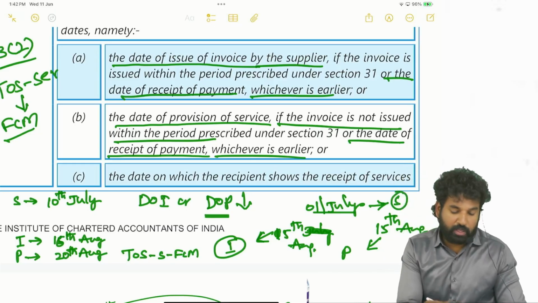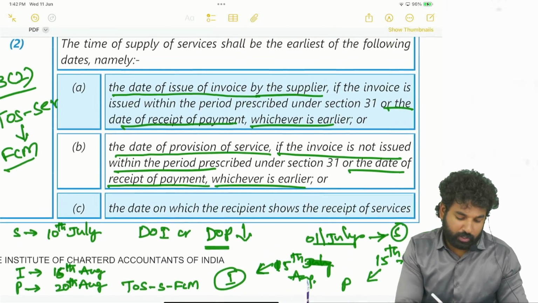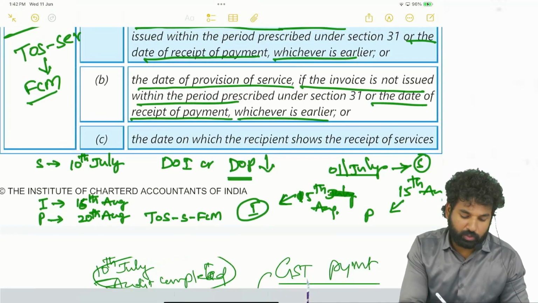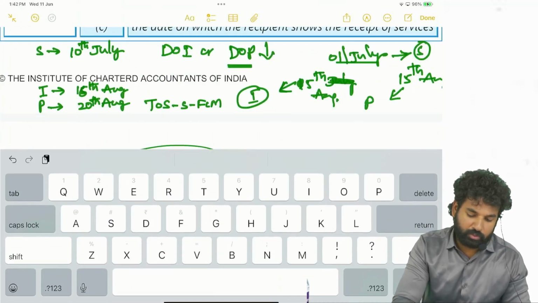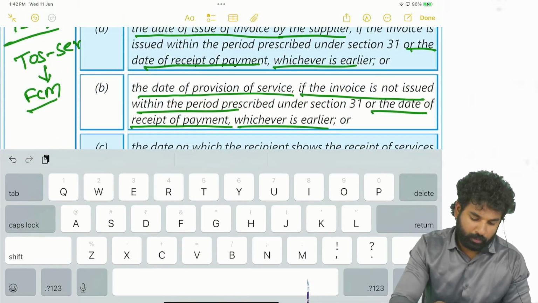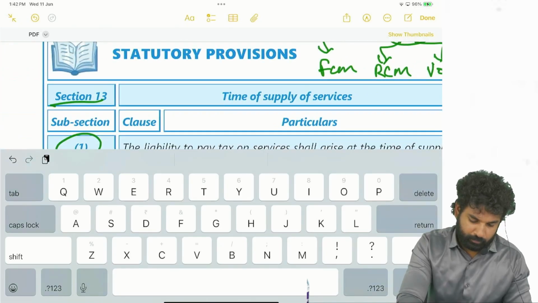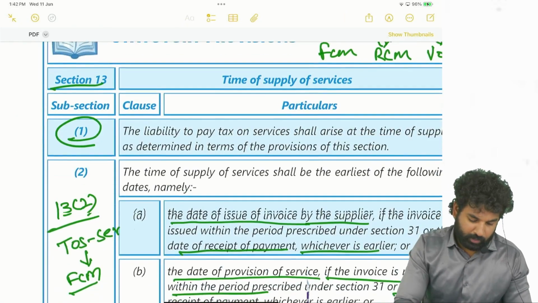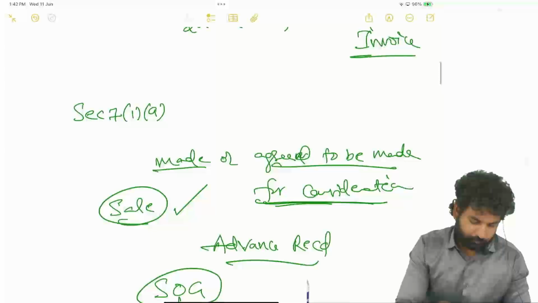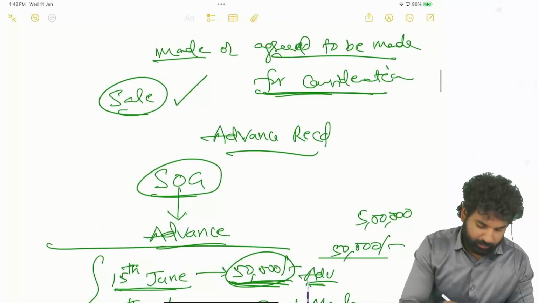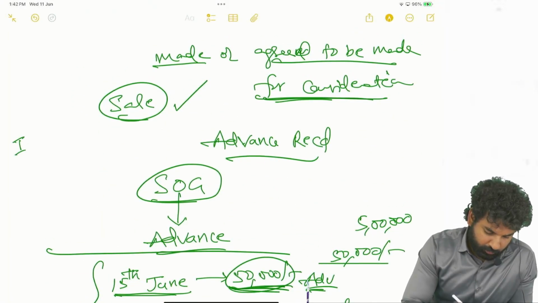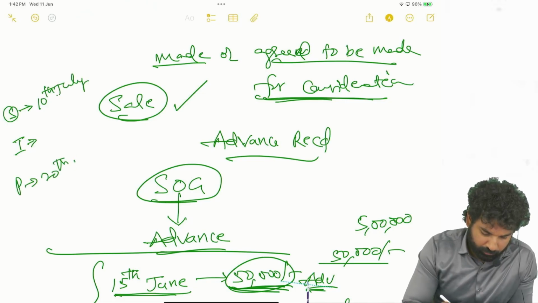Okay, so if they could issue the invoice by 9th August or 10th August. See, let's say the dates are: supply of service on 10th July, payment on 20th August.